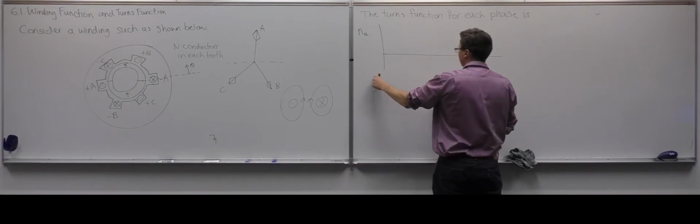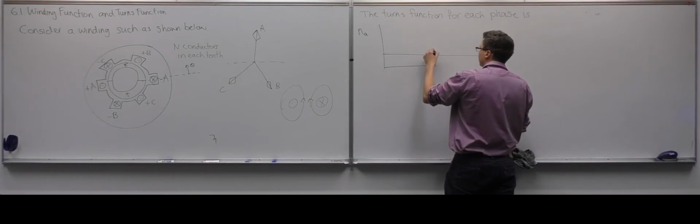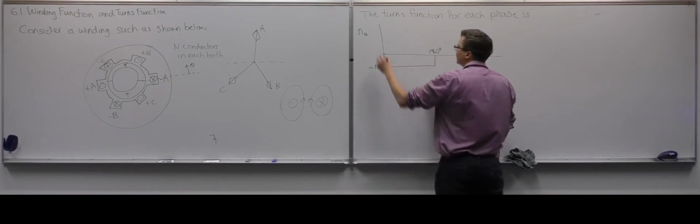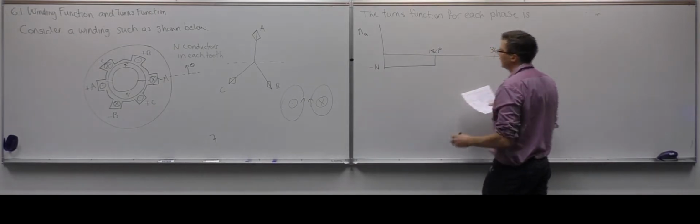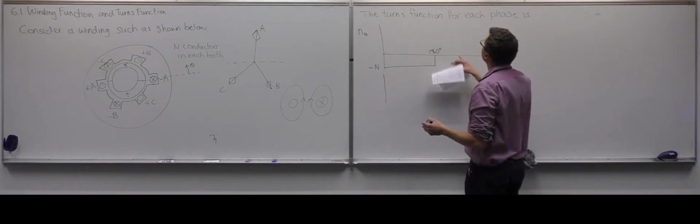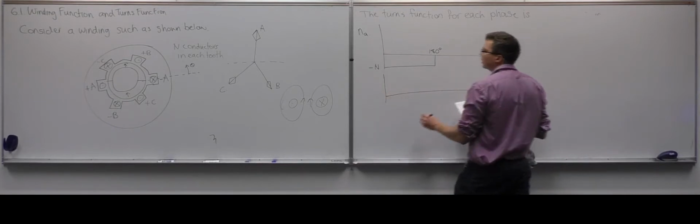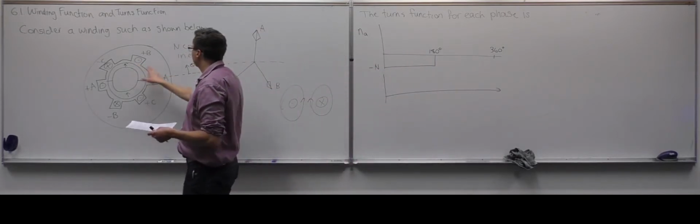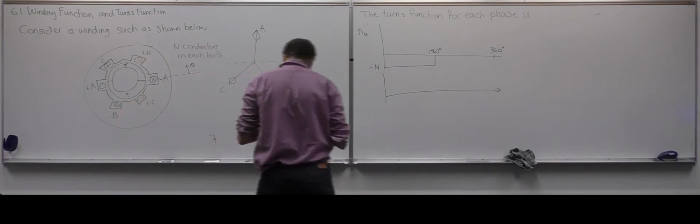So this would be minus n. Okay? And then the B, did I say winding function? The turns function. This is the turns function. And then the B turns function starts by coming out of the page at 60 degrees and then going back in 180 degrees later.